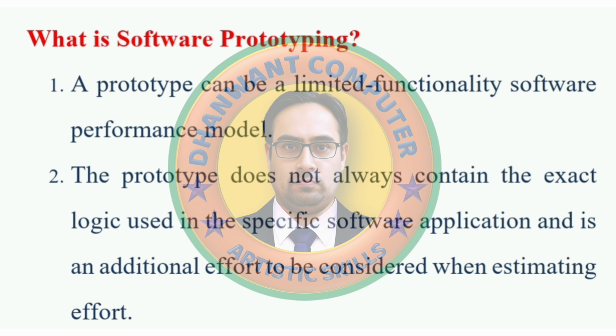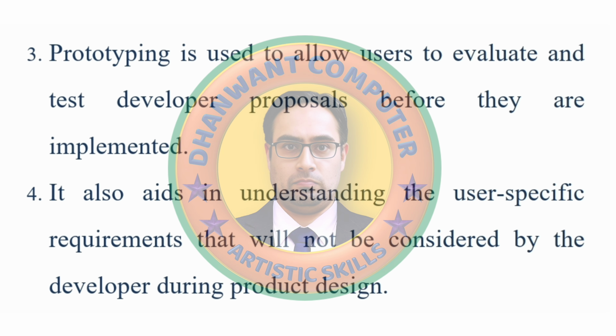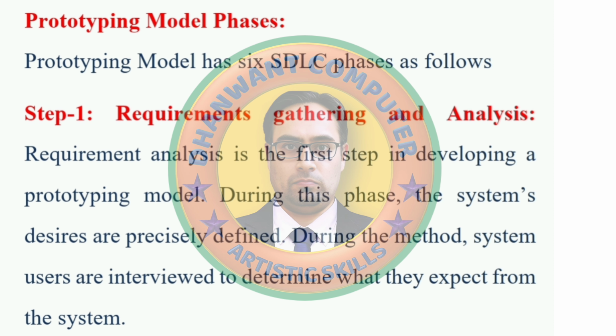The prototype does not always contain the exact logic used in the specific software application and is an additional effort to be considered when estimating effort. 3. Prototyping is used to allow users to evaluate and test developer proposals before they are implemented. 4. It also aids in understanding the user-specific requirements that will not be considered by the developer during product design.